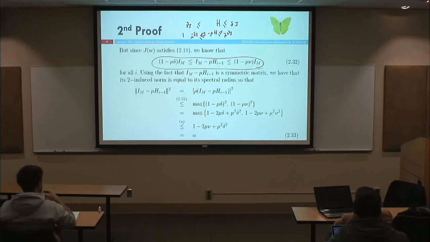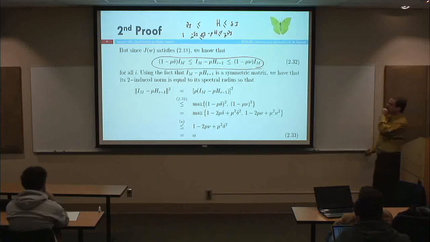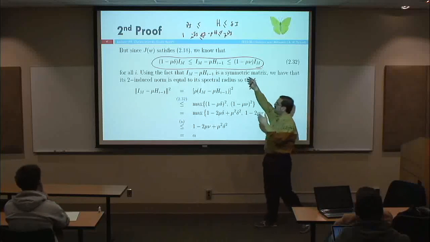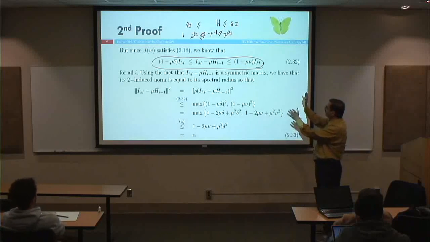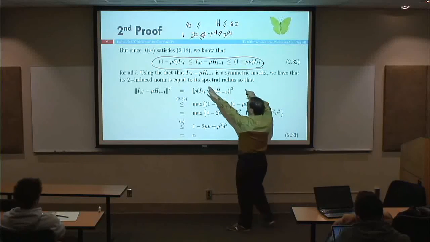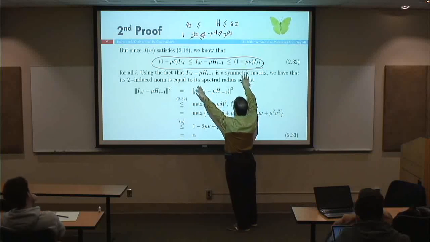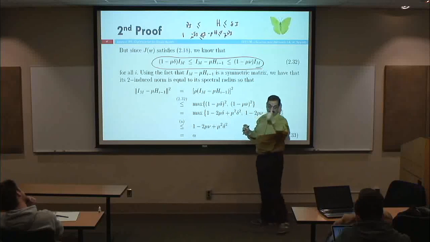So this matrix, which is symmetric, is bounded between this and that, and this came from the bounds we have on H itself.